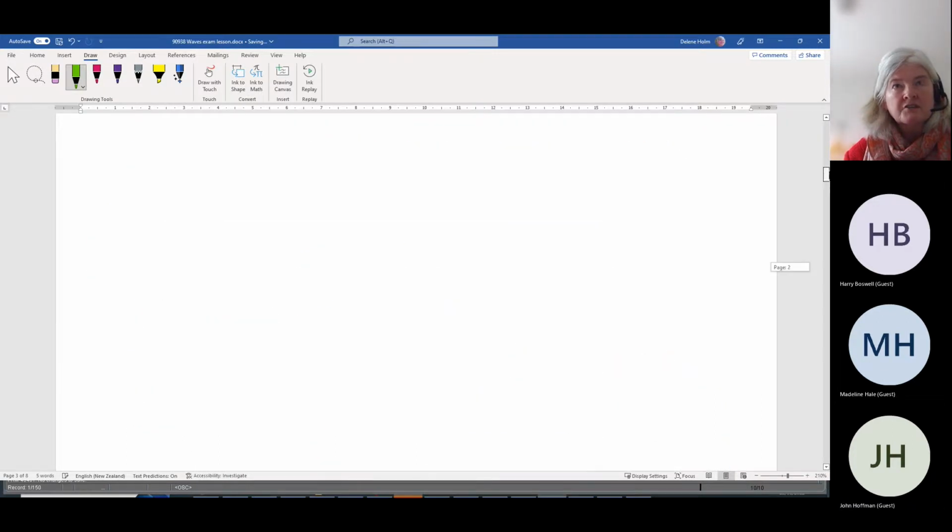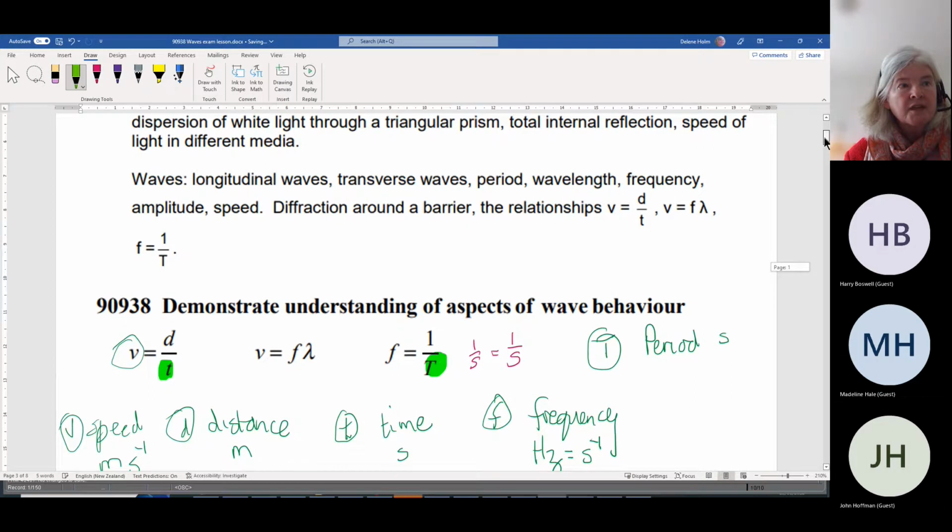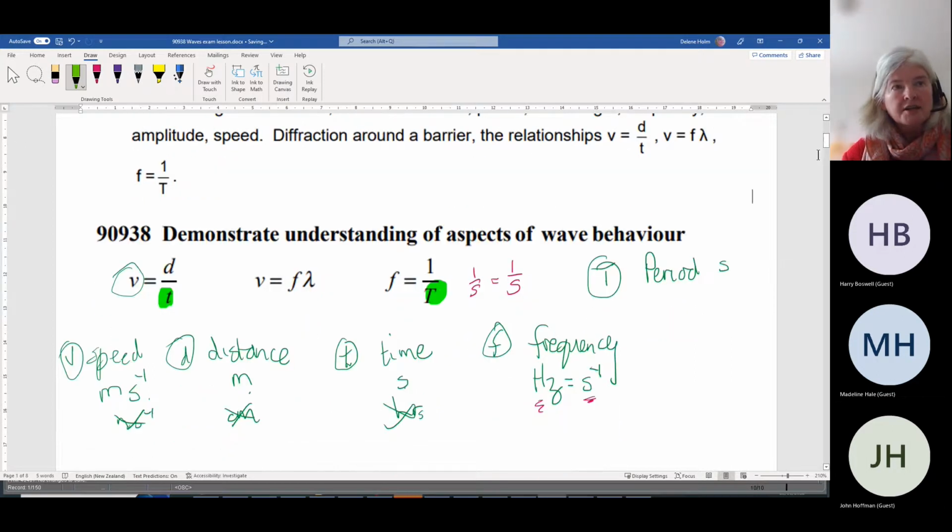So I'm going to go shoot upwards over here, and you're going to go, right, I've got those 3 formulae. Which one of these am I going to use? So remember we had a distance.